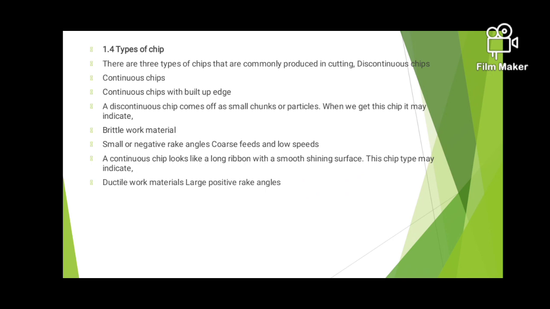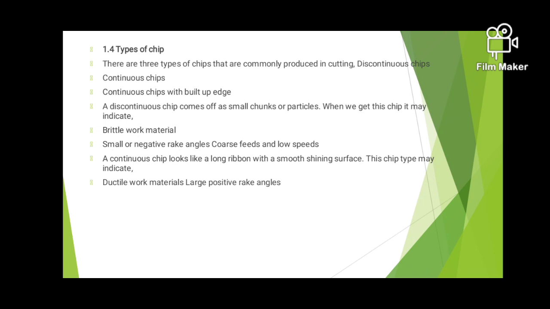Types of chips. There are three types of chips commonly produced in cutting: discontinuous chip, continuous chip, and continuous chip with built-up edge. A discontinuous chip comes in small chunks of particles. When we get this chip, it may indicate brittle work material, or small or negative rake angles. Then the continuous chip looks like a long ribbon with a smooth shining surface.